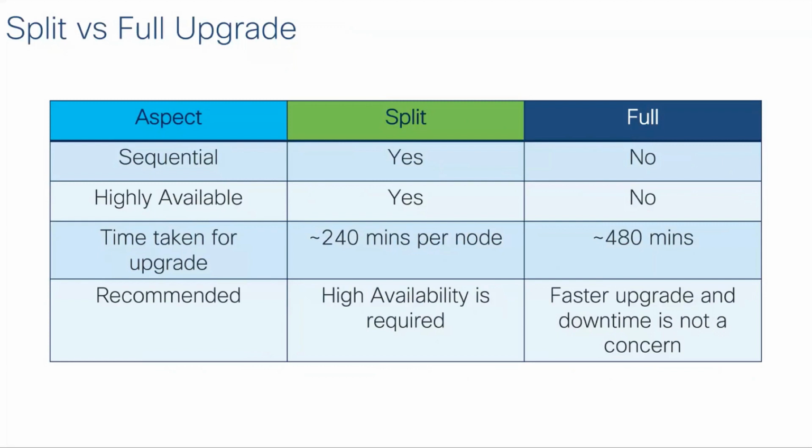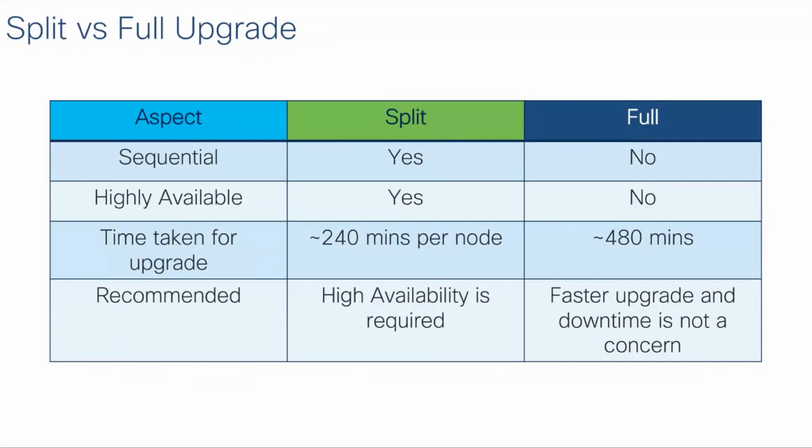Because of that nature, downtime is expected in the full upgrade process. The split upgrade process, however, doesn't involve any endpoint services downtime at all. You can strategically upgrade your PSNs in the deployment in sequences so that you can avoid or minimize the downtime.